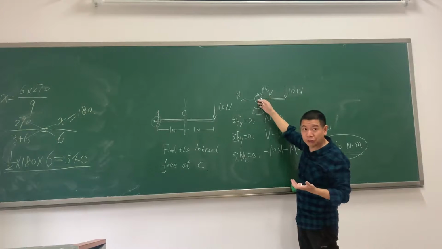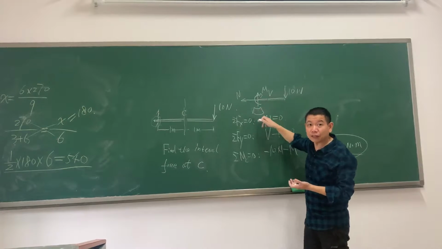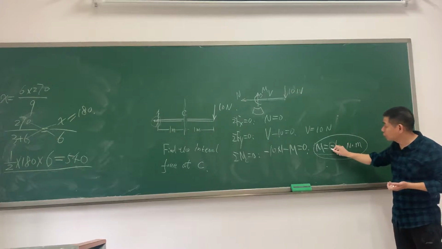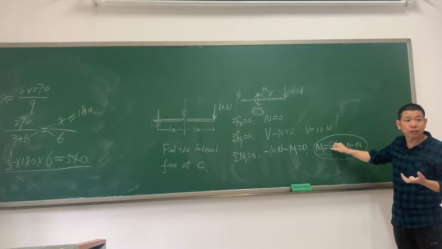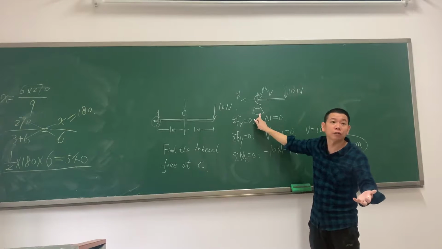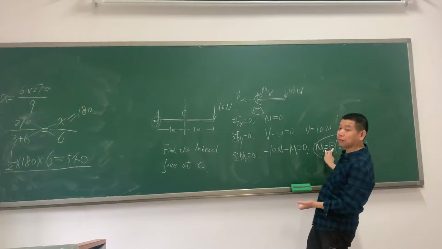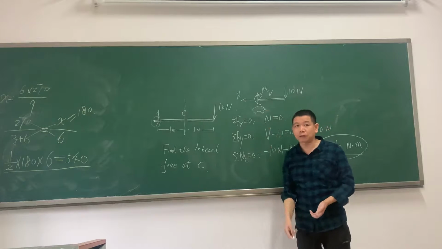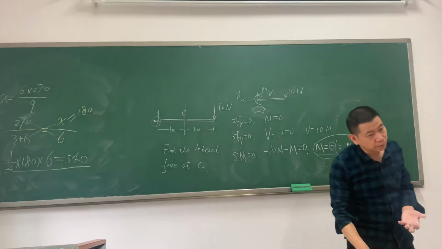I assume the bending is like this. But I find there is a minus. It means my assumption is wrong. Because there is a minus, actually at this point it bends like this.